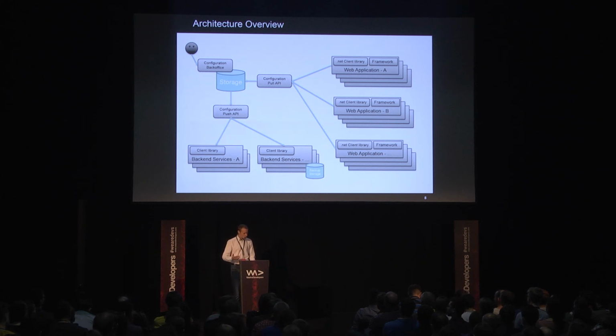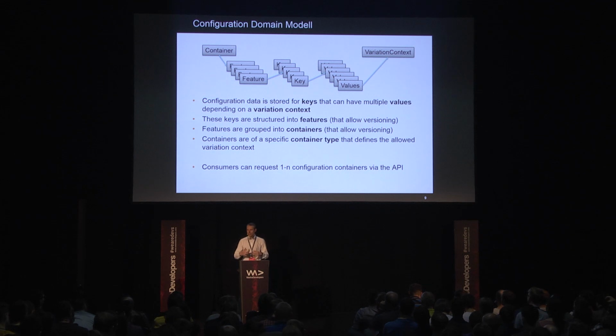Of course, we thought about the domain model. Actually, we wanted some kind of key-value store on steroids. So the important thing for us is that we can have keys that can have multiple values depending on a context, business context, technical contexts, whatever. I will explain that on the next slide.